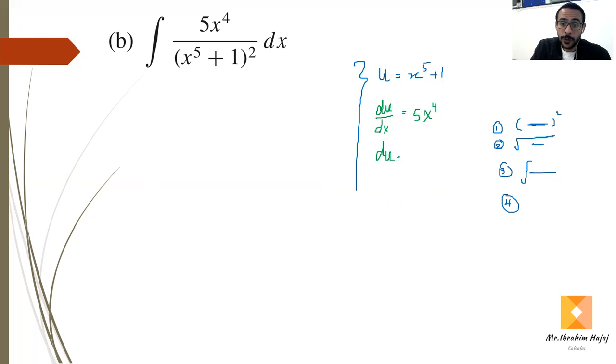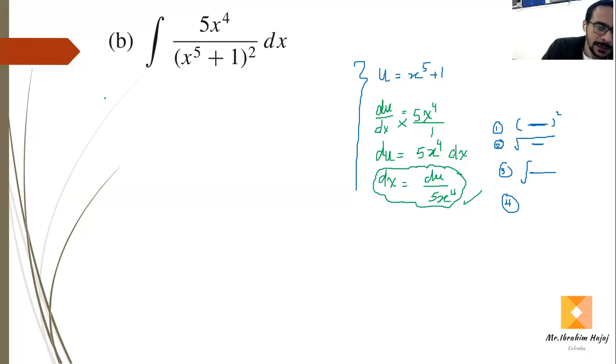So du equals 5x to the power of 4 dx. Cross multiplication, and then dx equals du over 5x to the power of 4. Later you can get the last step directly without doing these two steps. Then substitute.